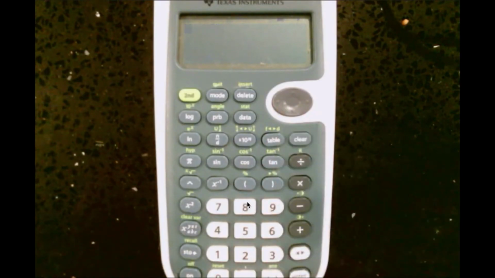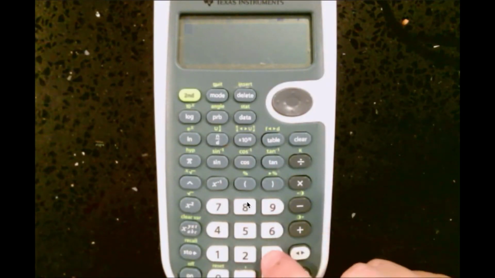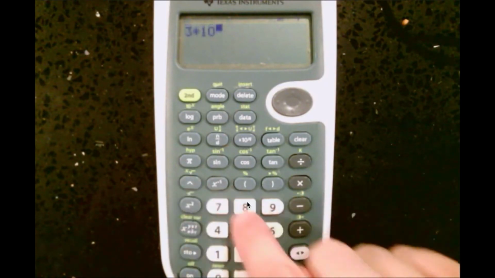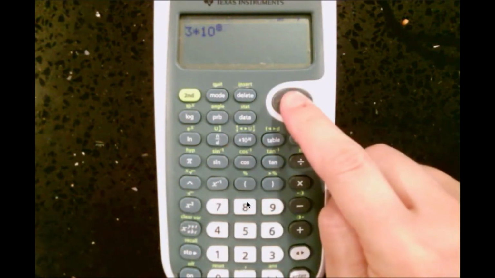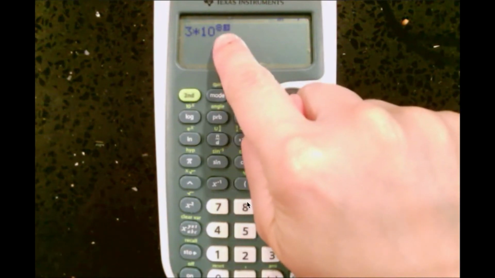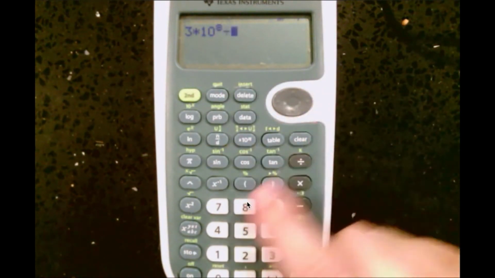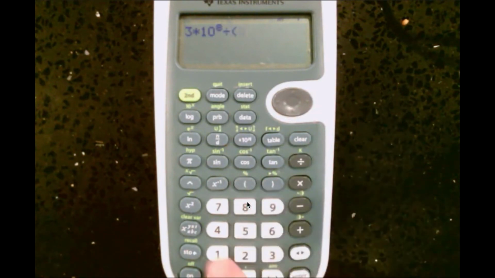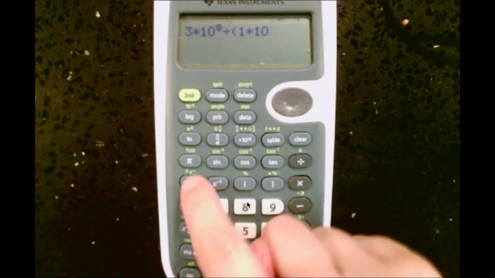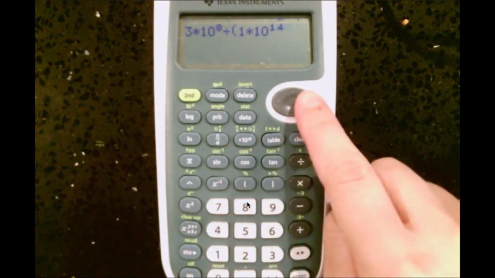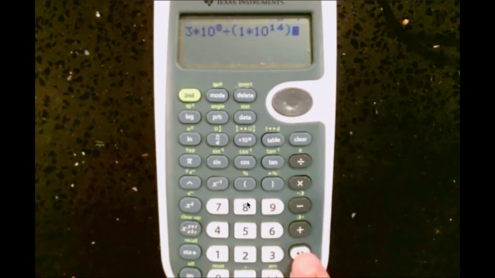So to show this on the calculator, I'm going to do 3 times 10 to the 8th. Notice I'm up in the exponent right now, so I've got to scoot over. And I'm going to divide by, and I'm going to put this in parentheses, 1 times 10 raised to the 14th. Make sure to scoot over again and close your parentheses. So that's my value, in standard notation.